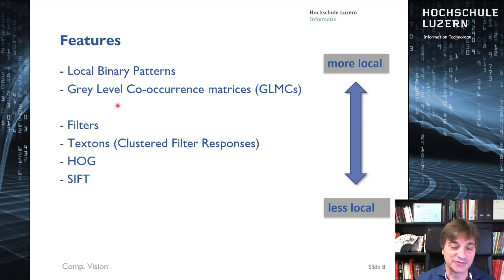We also looked at some features that can be used for textures, but also at a bit higher level for object recognition or scene recognition, like histogram of gradients or SIFT features, or some filters and combinations of those filters. This was the texton approach, where we clustered the filter responses to give a description of the local neighborhood of a pixel.